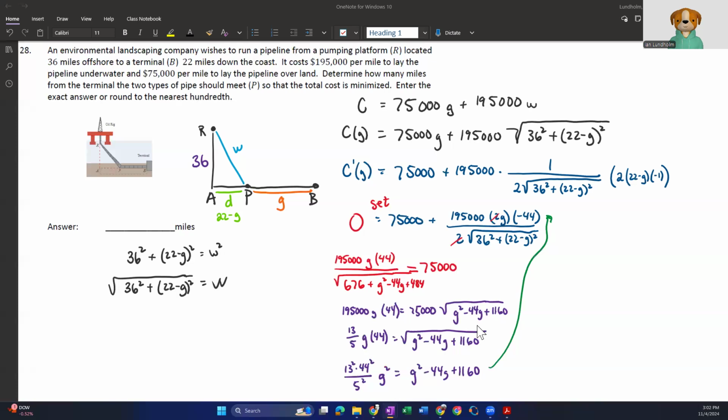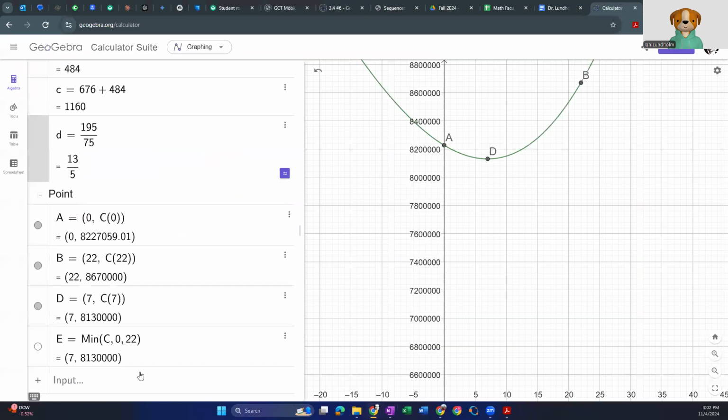That looks huge. All right, let's do this. 13 times 44 squared, and then divided by 5 squared.